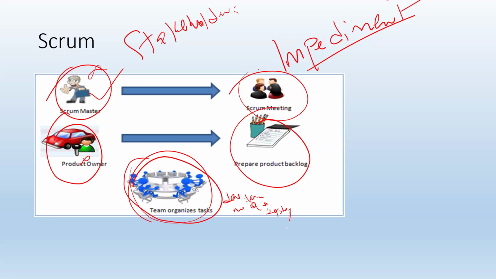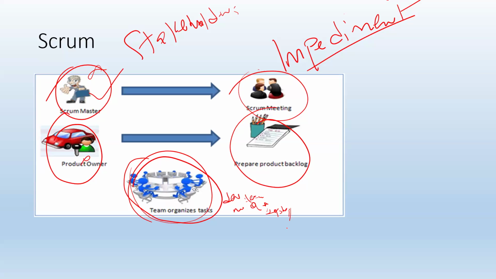QA people give test cases to the development team so they can test on their own environment only. They can do sanity testing and so on. That kind of collaboration happens in Agile. It doesn't mean there is no QA member in the team.